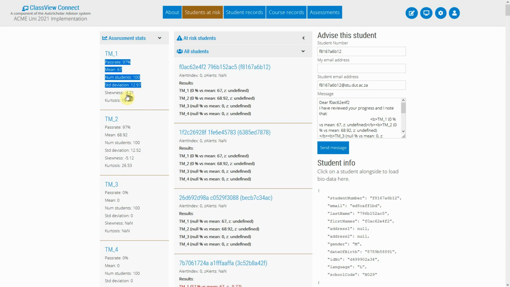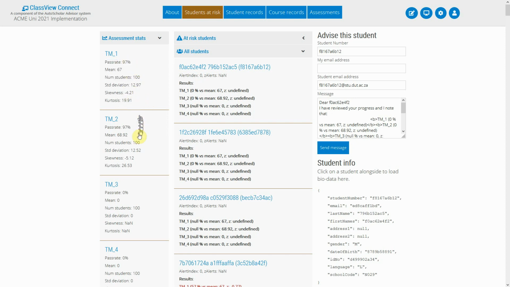So skewness, -4, tells us that the curve is shifted to the left of a normal distribution, and positive kurtosis tells us that the peak is higher than the normal distribution would give us.